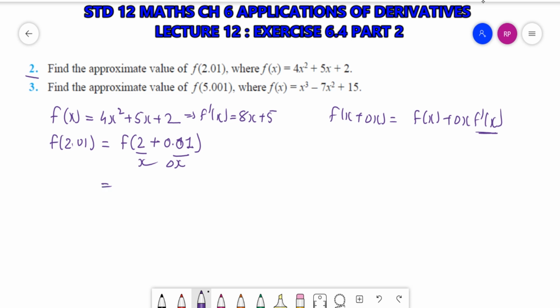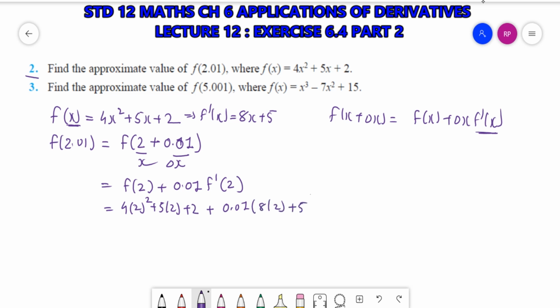Now using this formula, f of x, that is 2, plus delta x, that is 0.01, f dash x, that is 2. f of 2, that is 4 into 2 square plus 5 into 2 plus 2, plus 0.01 into 8 into 2 plus 5.